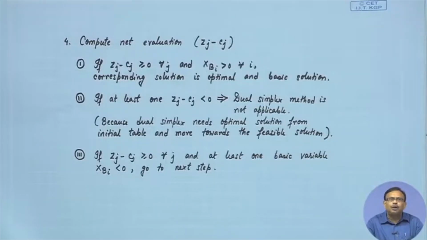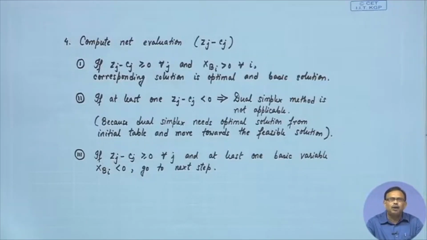Number 2, at least one zj minus cj is less than 0. If at least one zj minus cj is less than 0, then the dual simplex method is not applicable. Please note this one.